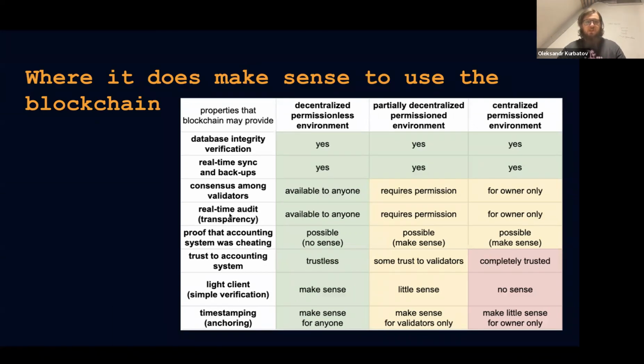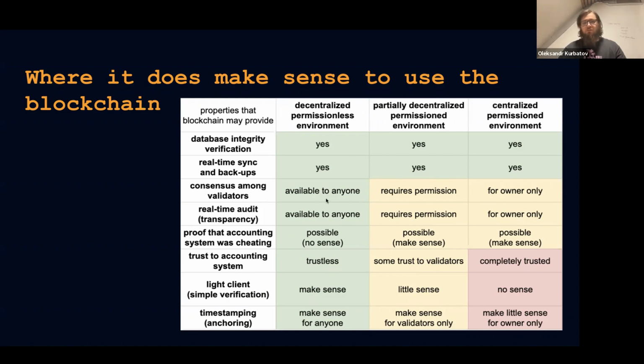The next one, proves that the accounting system was cheating. Okay, look, by cheating we can understand not only some misbehavior of a validator, but some operational error or some problems with accounting of a transaction or something like that.